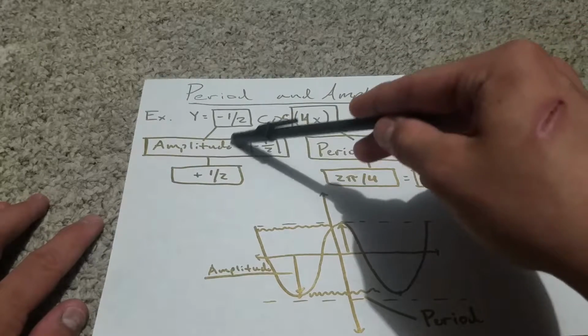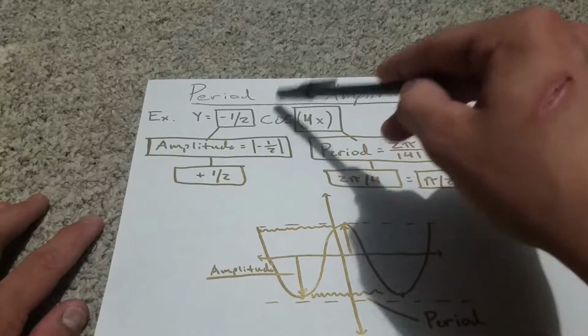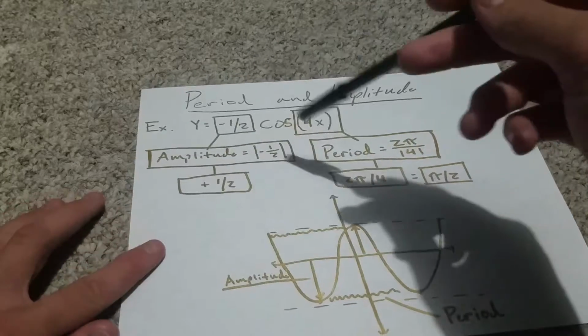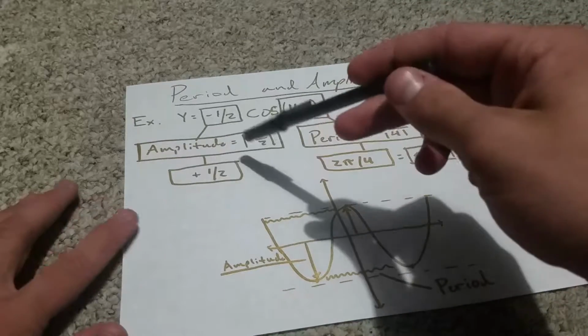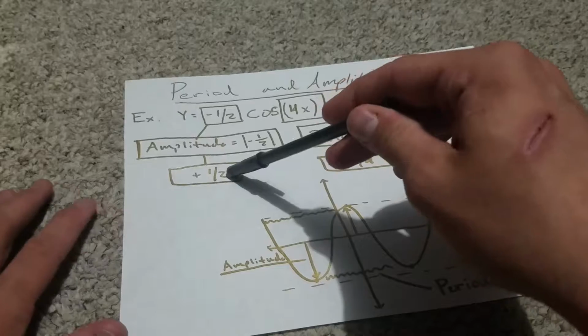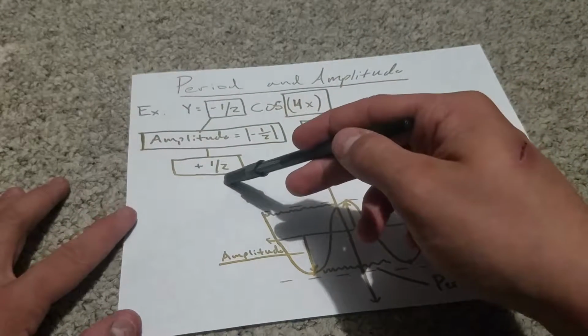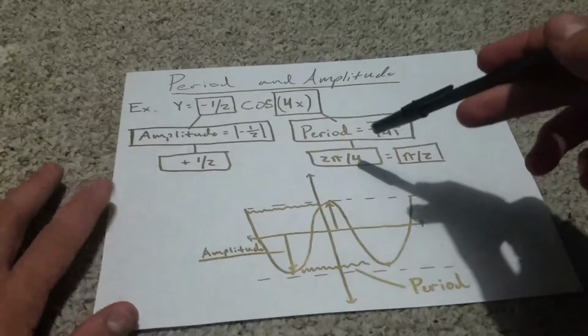The amplitude is going to be the absolute value of whatever is in front of the cosine of 4x. So the absolute value of -1/2 is just 1/2, because it is 1/2 away from 0.